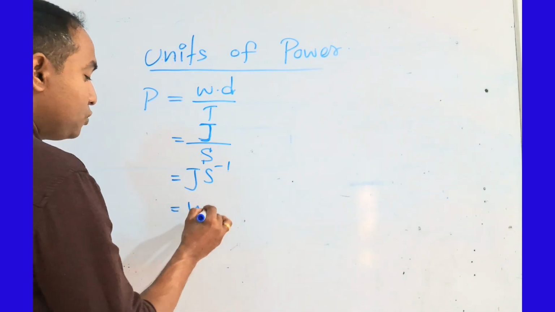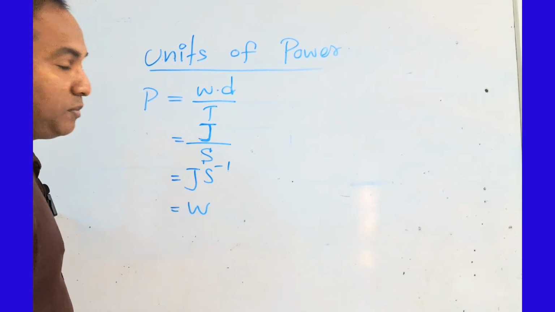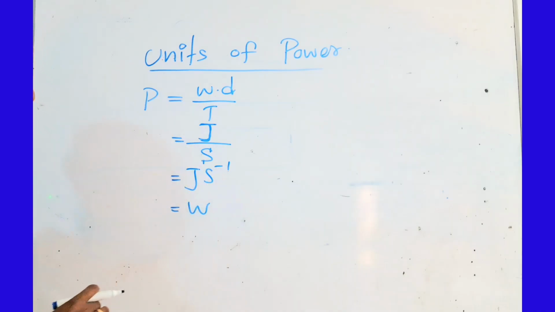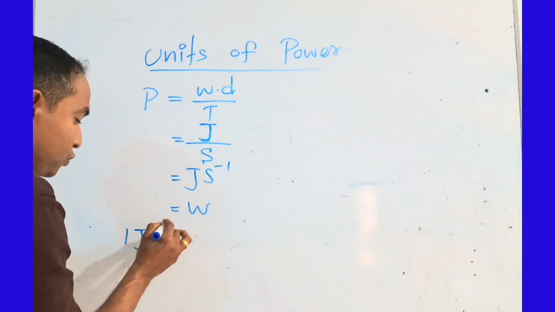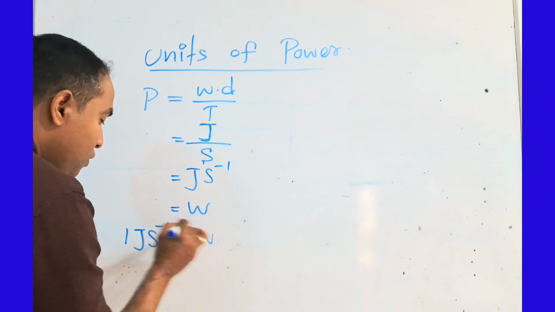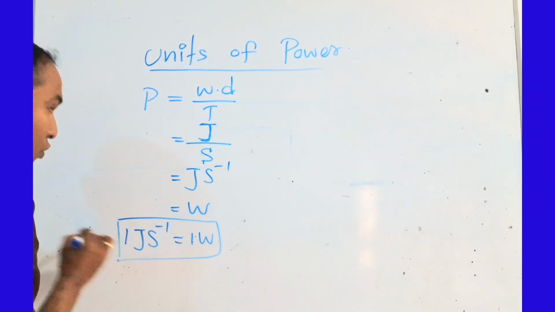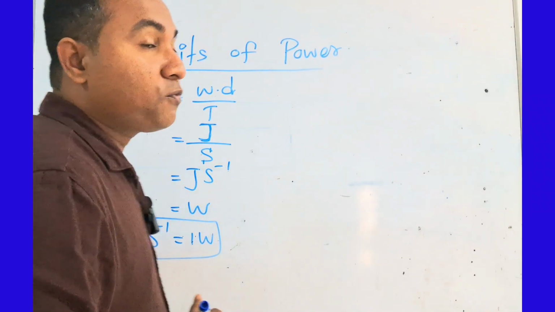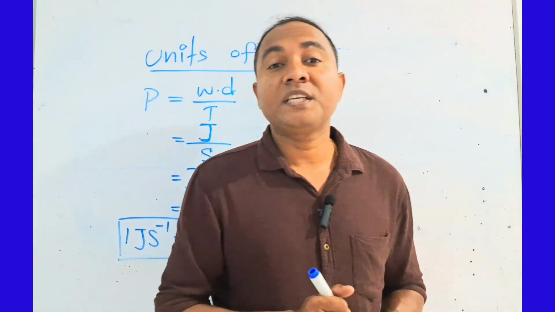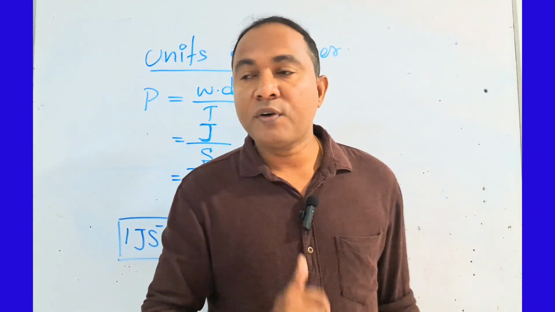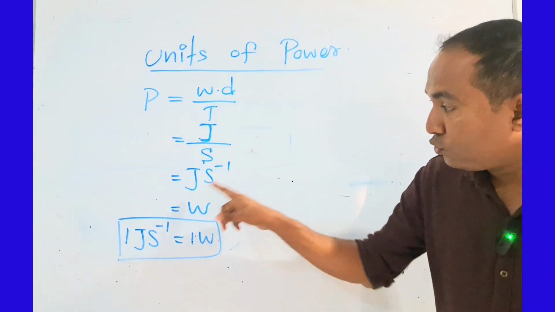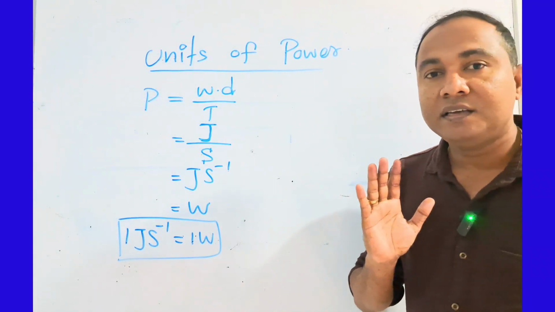It is similar to the watt. The relationship is that 1 joule per second is equal to 1 watt. Now we learned 2 units for power. One of them is joule per second, and the other is watt.